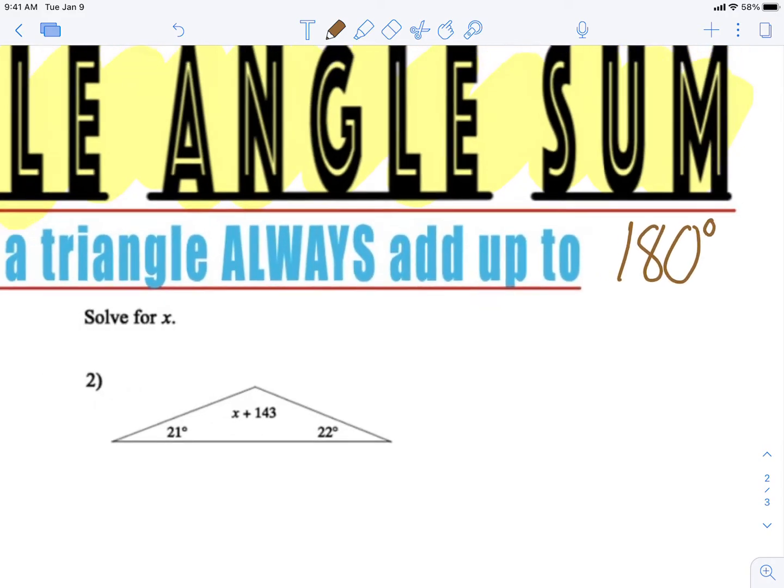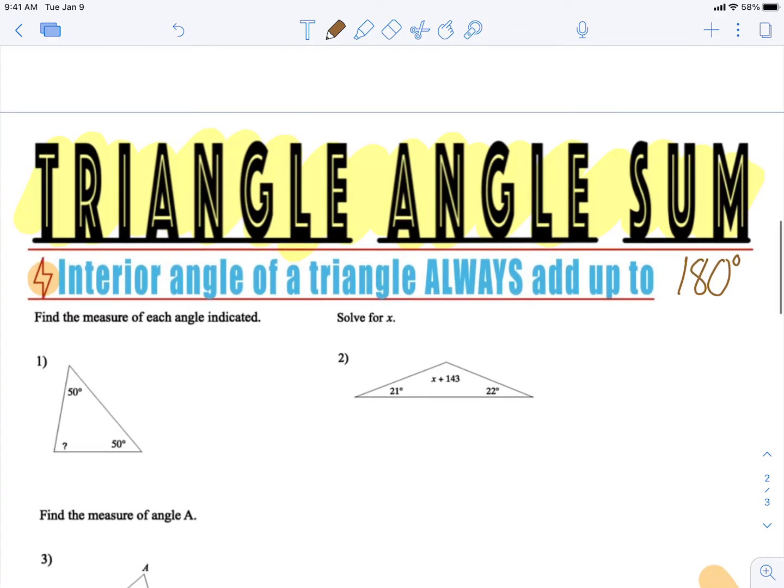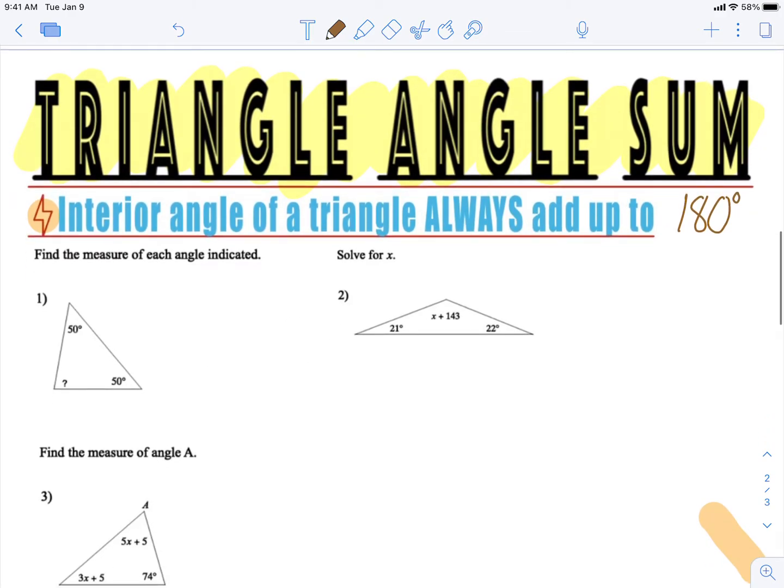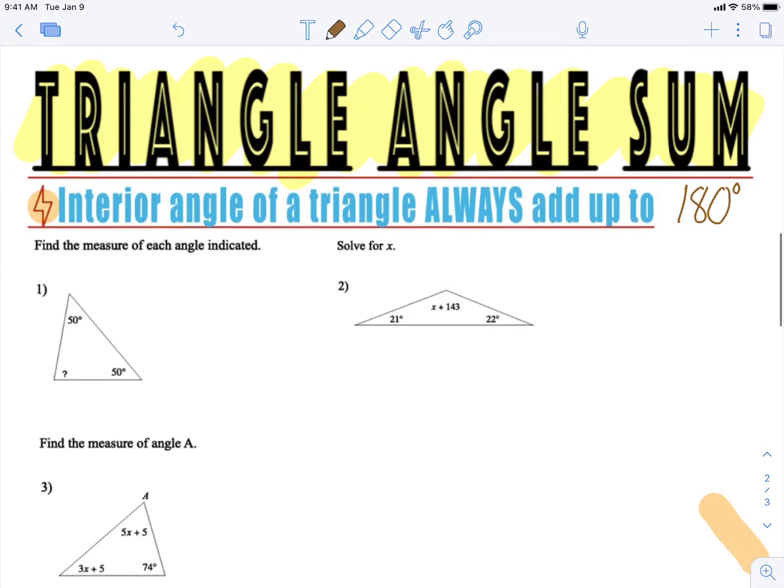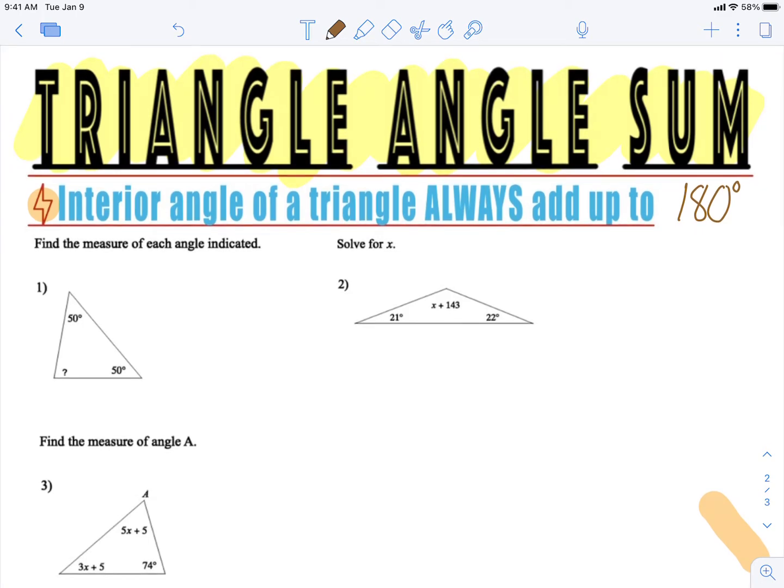Meaning all the angles inside a triangle, all three, when you add them all up, they add up to 180 degrees, right? If they add up to less than 180 degrees, it's not a triangle. If they add up to more than 180 degrees, not a triangle, right? They have to add up to 180 degrees.